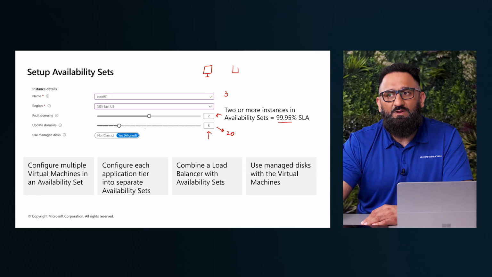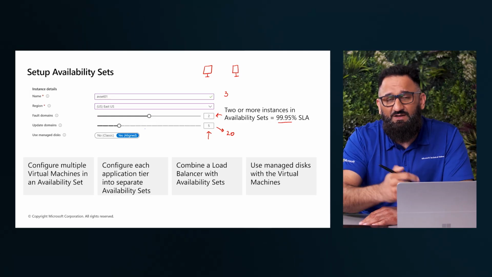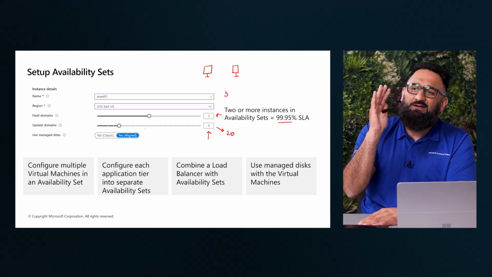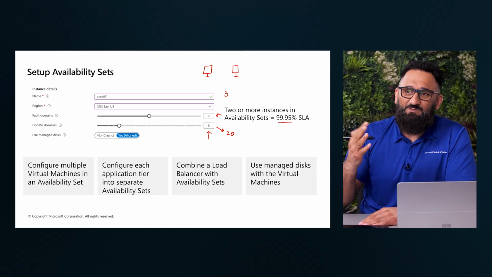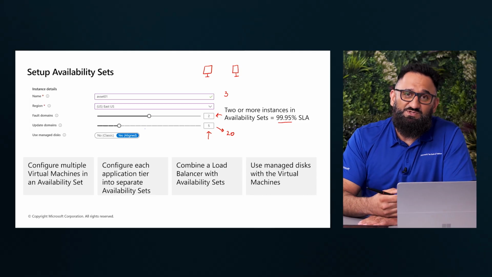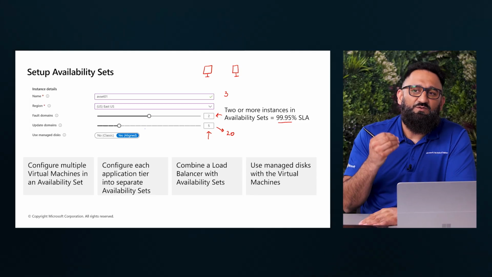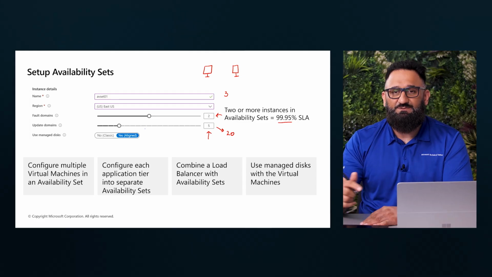But in this scenario, when I'm placing multiple of these, let's assume 2 of them in 2 different fault domains and choosing different update domains between them, I am going to create 2 different resources rather than 1. So it's important to understand that the cost increases for me to have those 2 resources running as compared to 1. However, the availability set on its own doesn't come at an added cost.